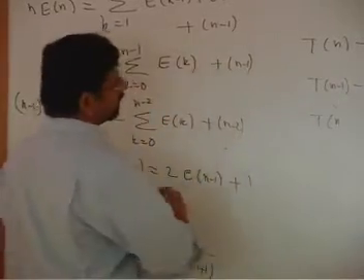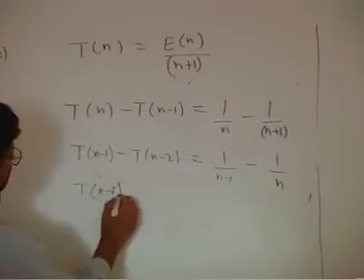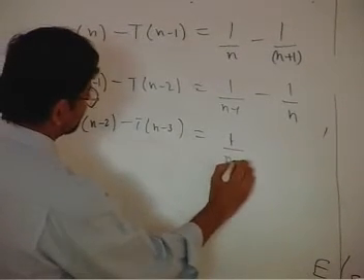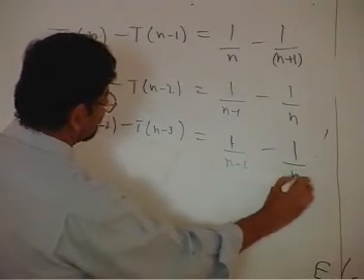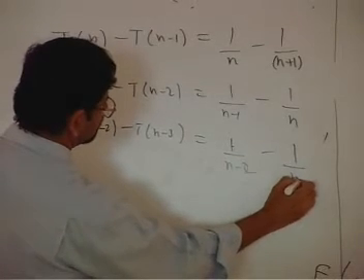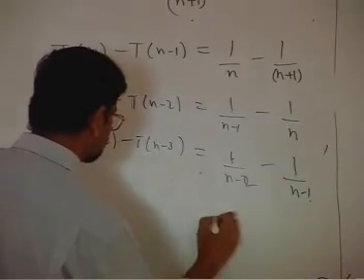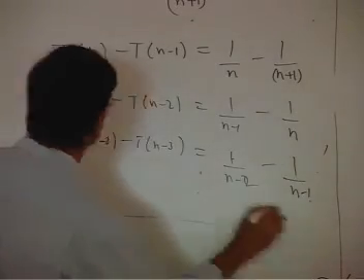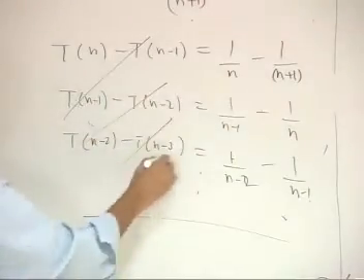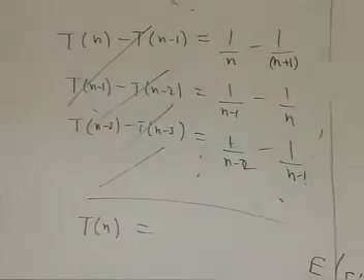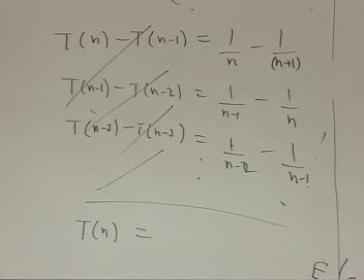Let me see. Okay, T of n minus 2 minus T of n minus 3 is 1 by n minus 2 minus 1 by n minus 1. And when I add all this, it cancels like this, and T of n equal to... see, what I should have here is not a simple constant.